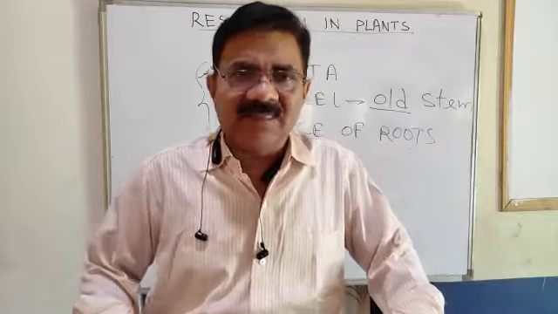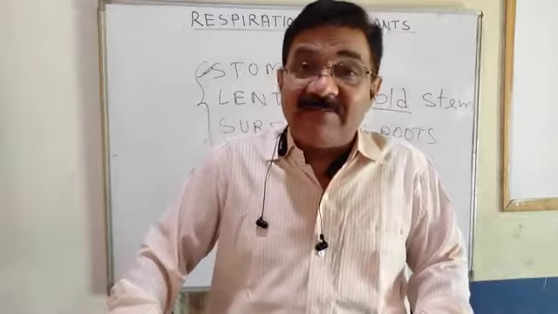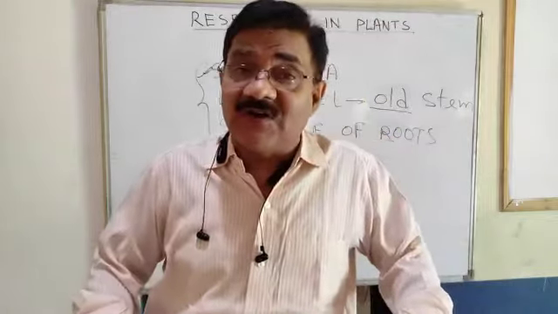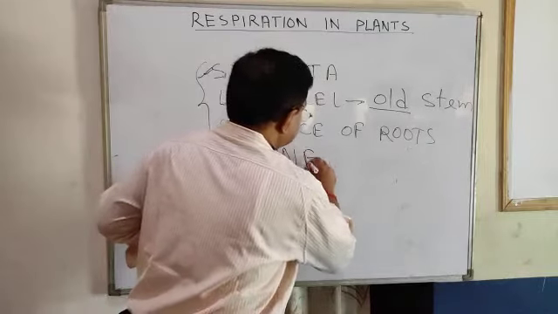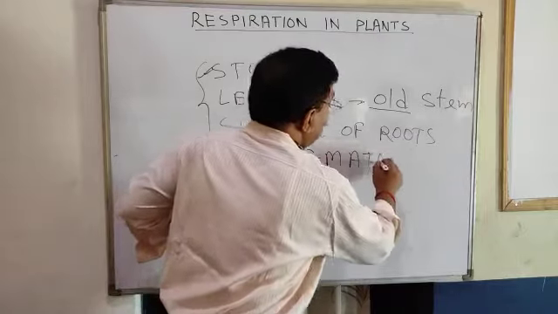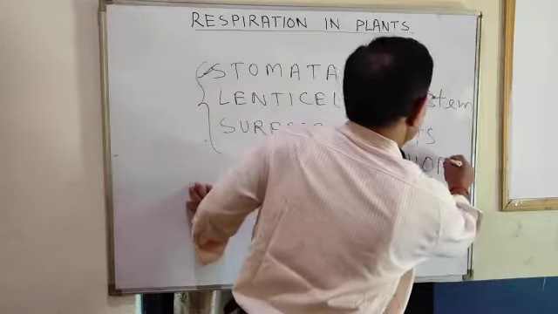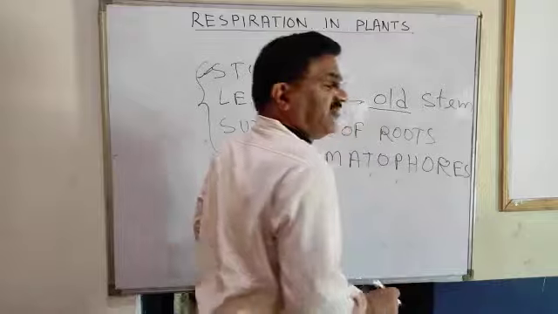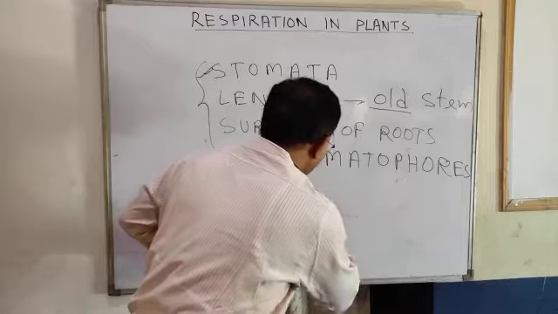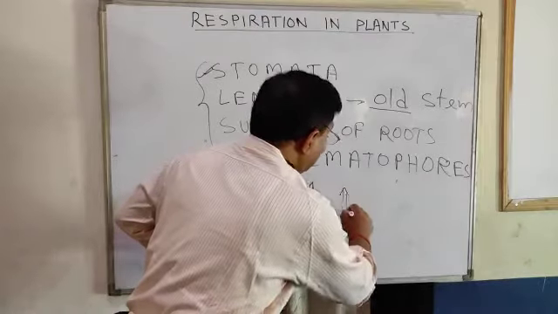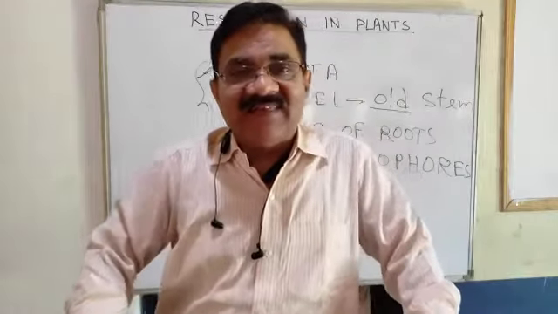Next is the general surface of the root, especially root hairs. They can do respiration. We have also discussed a special type of root, the pneumatophore. Pneumatophores grow in marshy areas, and roots come out from the ground just for respiration, because in water logging the roots can't respire.